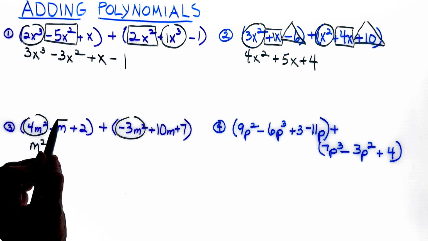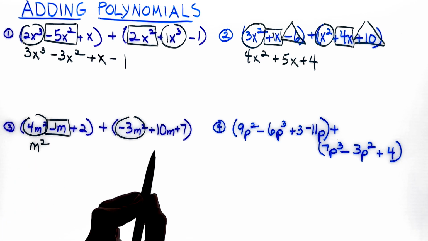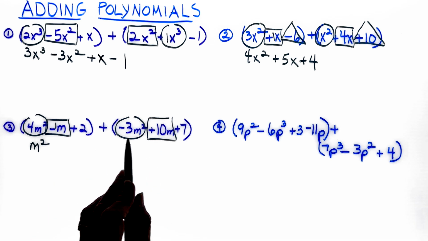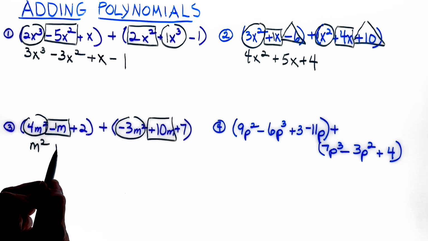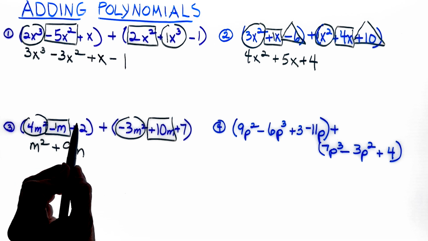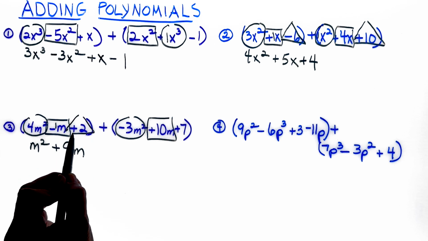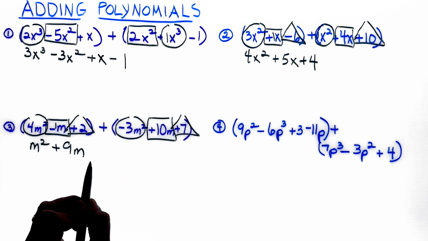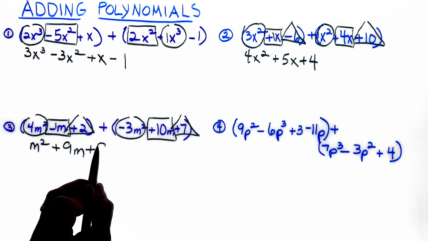I see that I have a negative, and that is a 1m. And I have a positive 10m. I'm catching the signs in the front. So that's plus 9m. And now I'm going to take my numbers, and I'm catching the sign in the front of them. They're both positive, so I am adding 9.